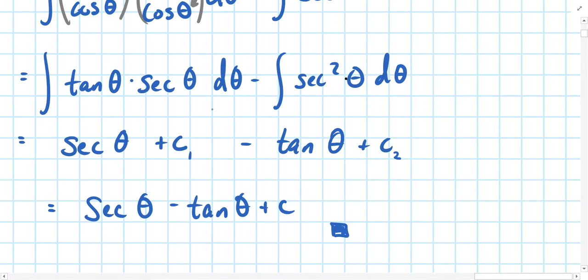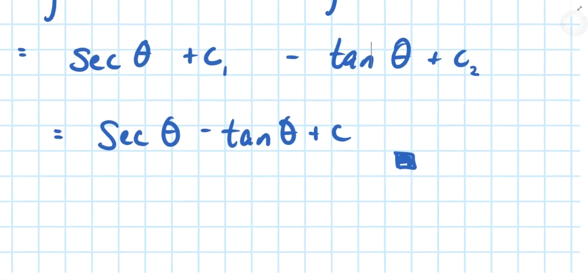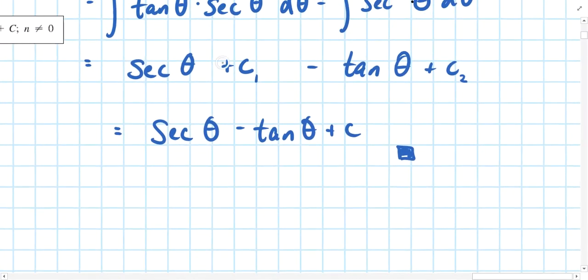We don't have that. So we can't trust that this c value will cancel with this c value, but we can say that they will combine to make another constant. Some constant plus or minus another constant will be a separate constant altogether. And so we're going to note that the final antiderivative here is secant theta minus tangent theta plus a single c.